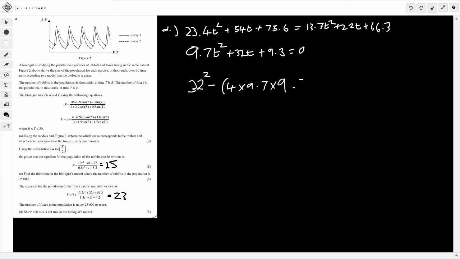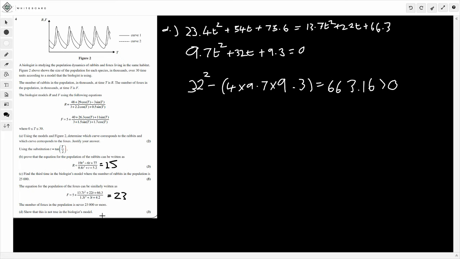And what does that give us? Well, that is equal to 663.16, which is clearly bigger than 0, right? This means then that there are 2 real roots. So therefore, this model is not correct.